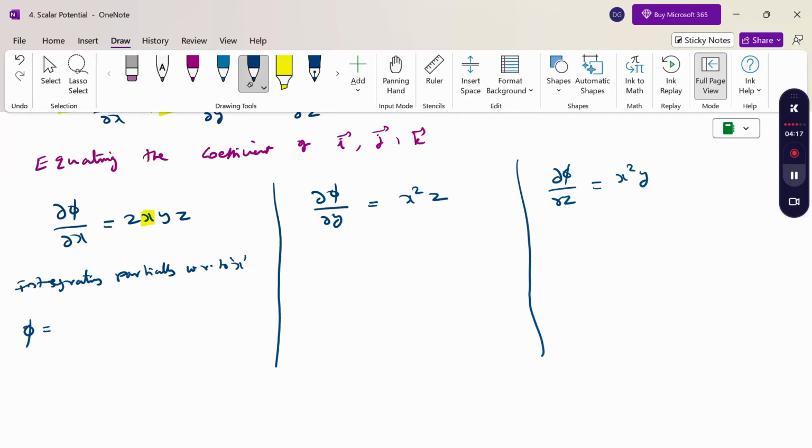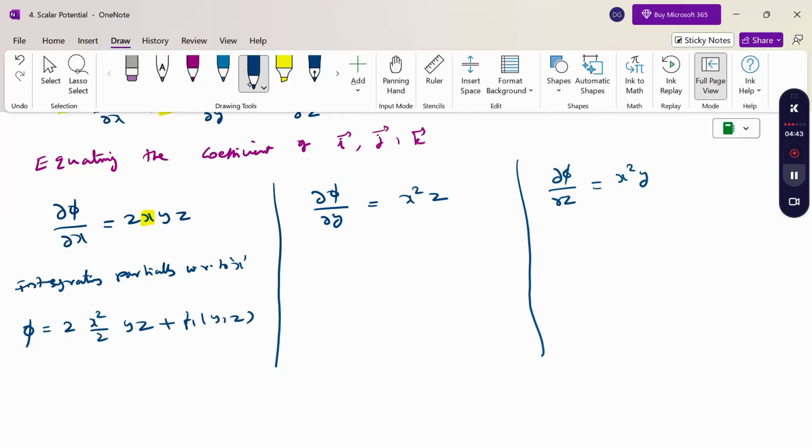Therefore integrating x gives x square by 2, so 2 x square by 2 y z, plus a constant, which here is a function of y comma z, f1 of y comma z, because x is the independent variable.